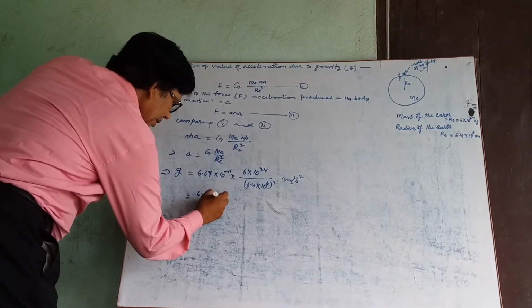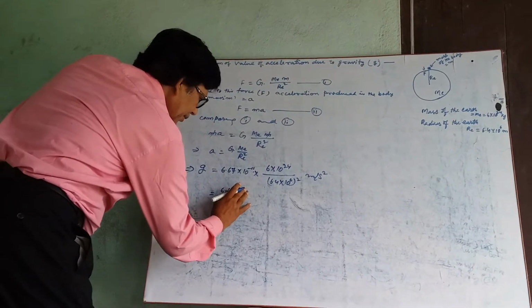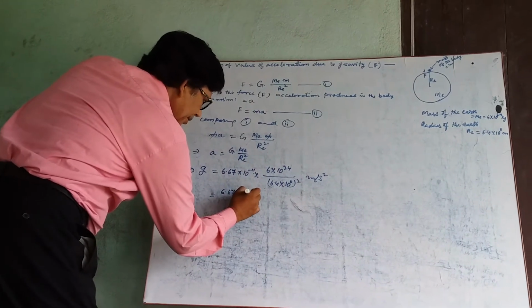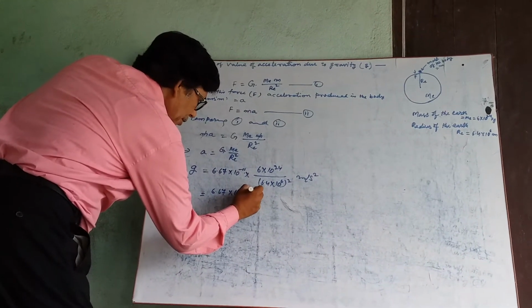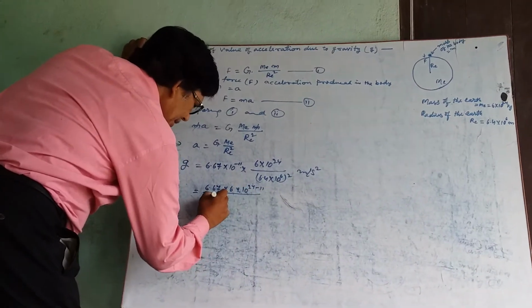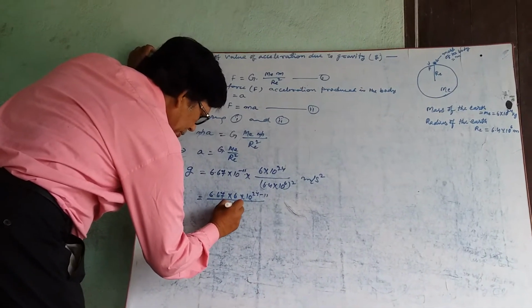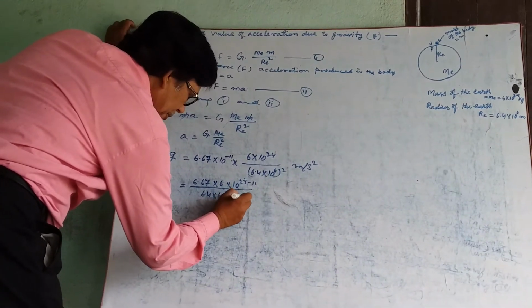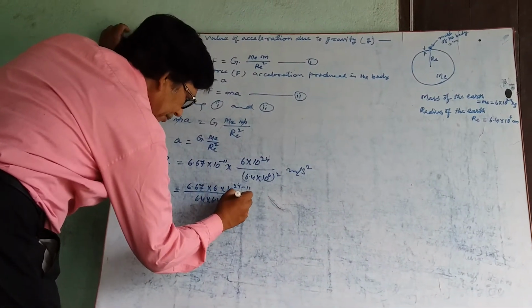6.67 into 6 into 10 to the power 24 minus 11, by 6.4 into 6.4 into 10 to the power 12.